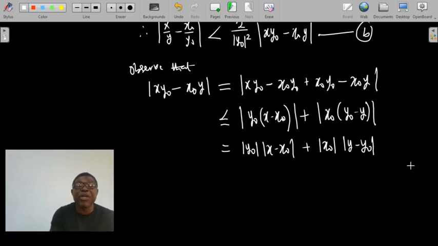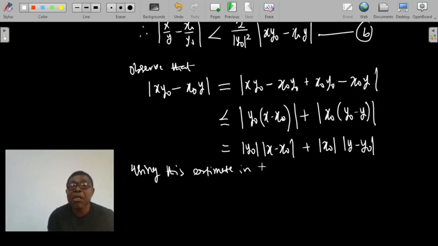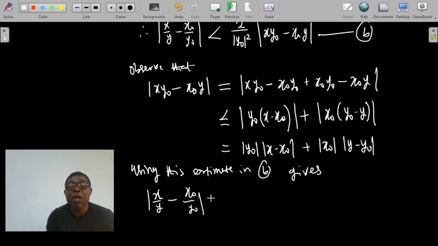So what I will now do is, I will say, using this estimate in B gives absolute value of x over y minus x naught over y naught. This will give us that this is less than 2 over absolute value of y naught squared, then absolute value of x y naught minus x naught y.